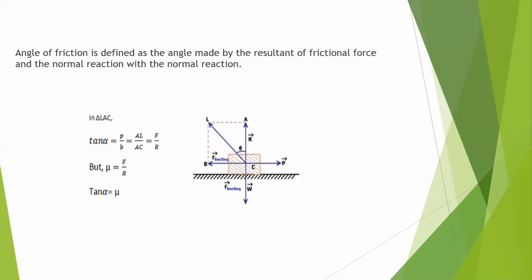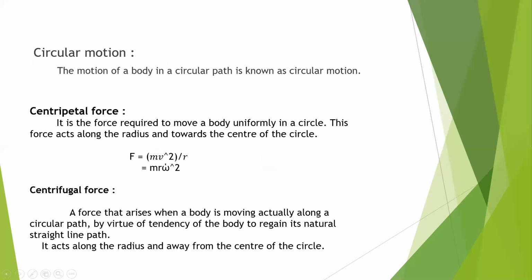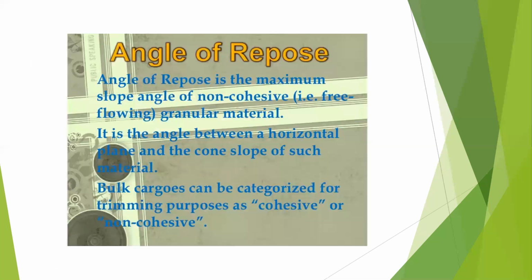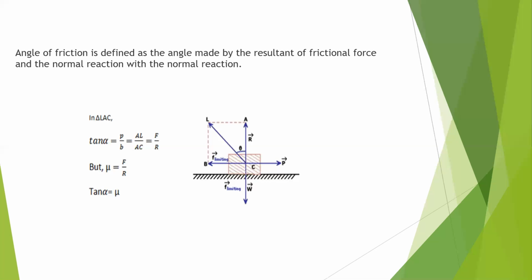In the picture, once again, I'll show you where it is. See, students, it is the angle made by the resultant of frictional force. This is the applied force in this direction.